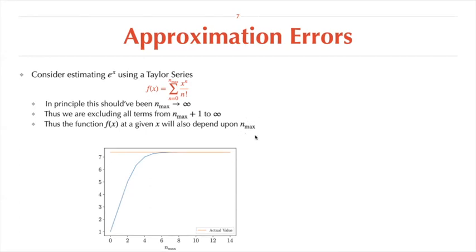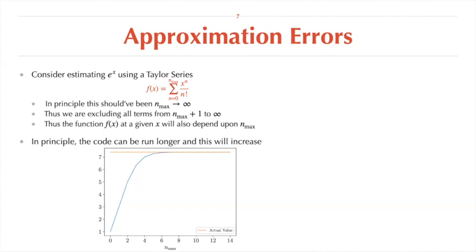The larger the value of n max you choose, the better the approximation becomes. This is visible from this plot. In principle, if you take a larger value of n max, the value that you will get will become closer and closer to e square.